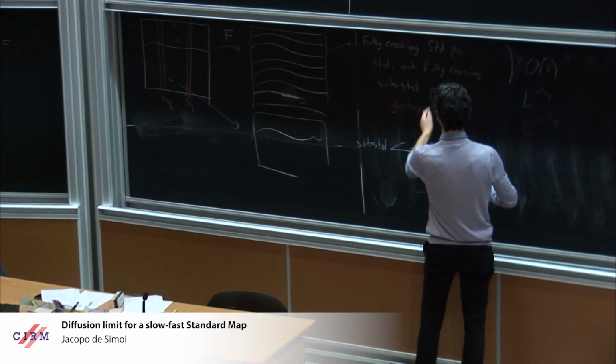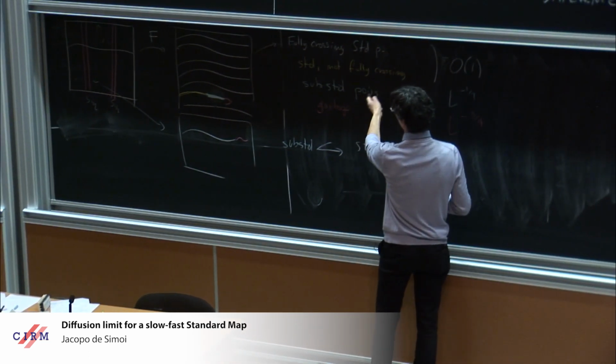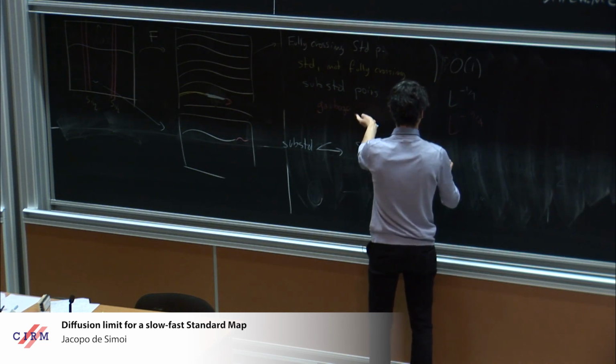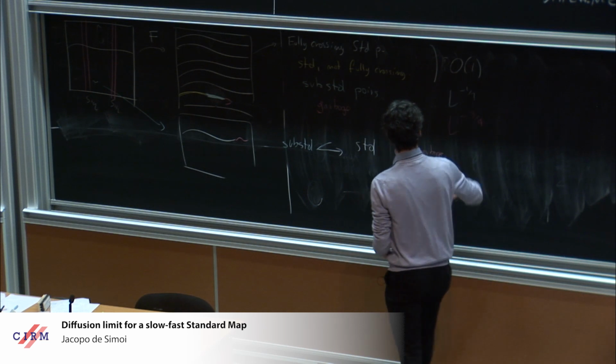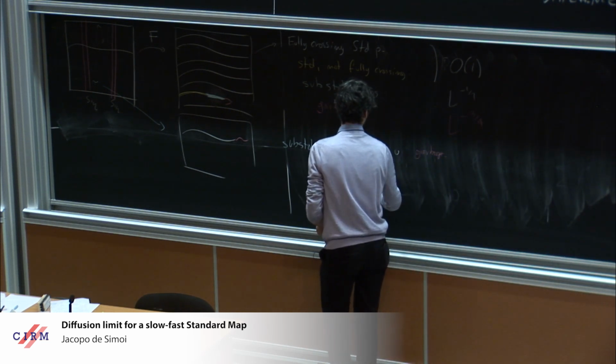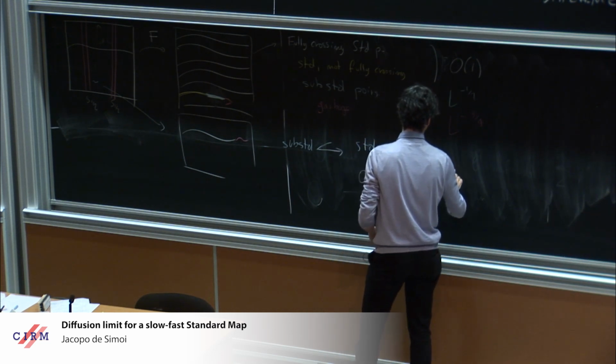So you have a part of the recycling guys which cannot be recycled, and you throw them in garbage. Again, part of the game is to estimate these masses, and this will be O(1), and this will be O(L to the minus 1/2).